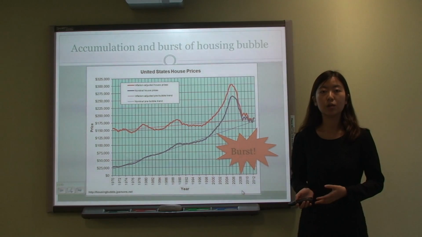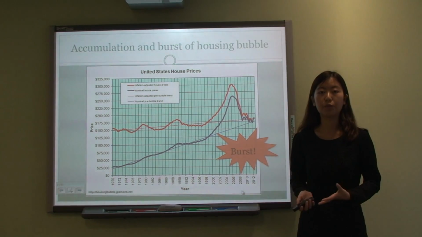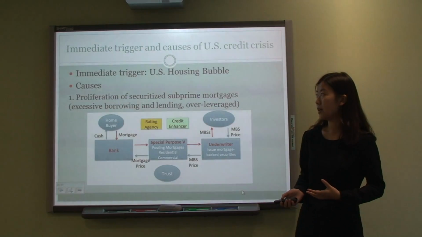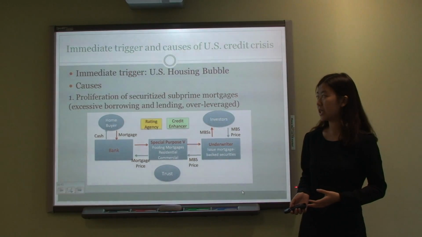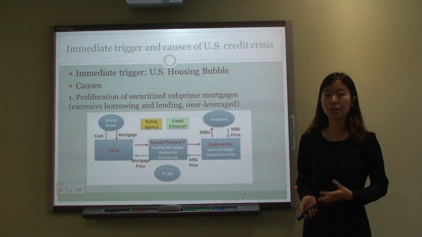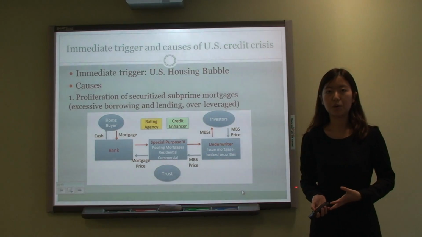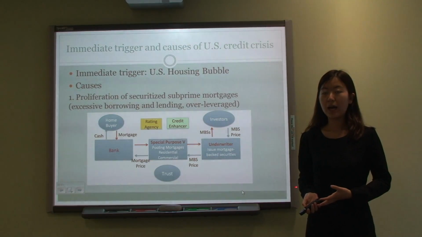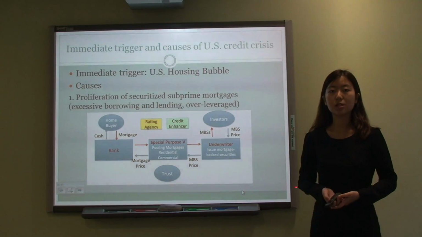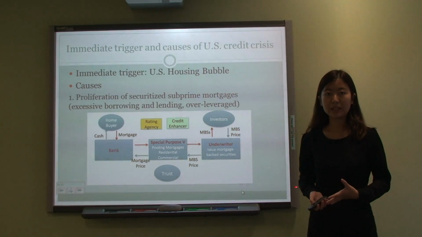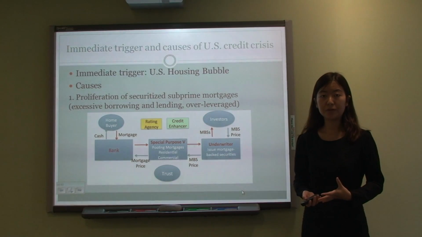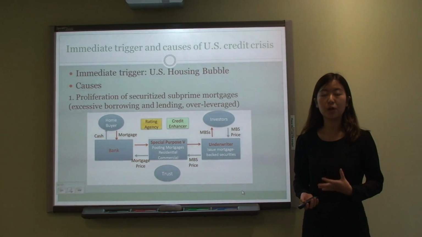The disaster in the real estate market spread rapidly over to the whole financial industry and into the real economy to an unimaginable level. And the causes are multiple. Firstly, the proliferation of securitized subprime mortgages is mainly responsible for the occurrence of the crisis. As you can see from the chart, after the securitization process, the banks took the profit and started the transaction without worrying about the repayment ability of the borrowers.